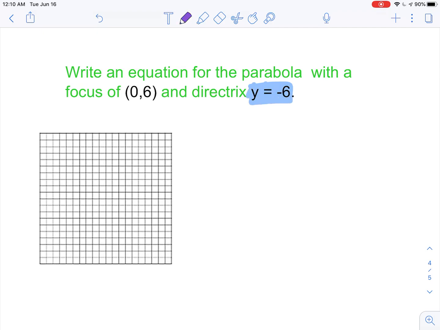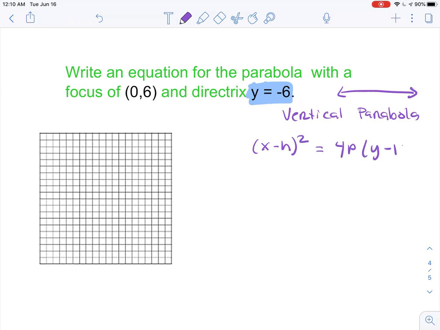If the directrix is a y equals, meaning a horizontal line, that means my parabola is going to be a vertical parabola, because it has to open away from the directrix. So the equation we're going to try and fill is (x - h) squared equals 4p(y - k).